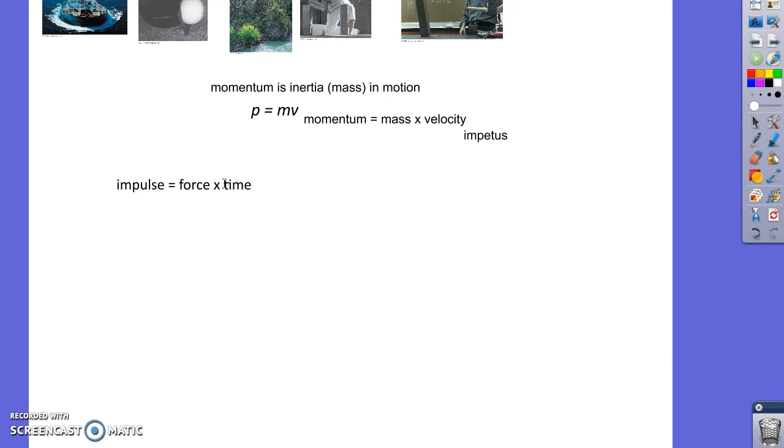If the force is applied for a short length of time, that's not going to change the acceleration or momentum as much as it would if it's for a long period of time. And so the force times the time is known as the impulse. And this impulse is going to determine how much of a change in momentum there is.